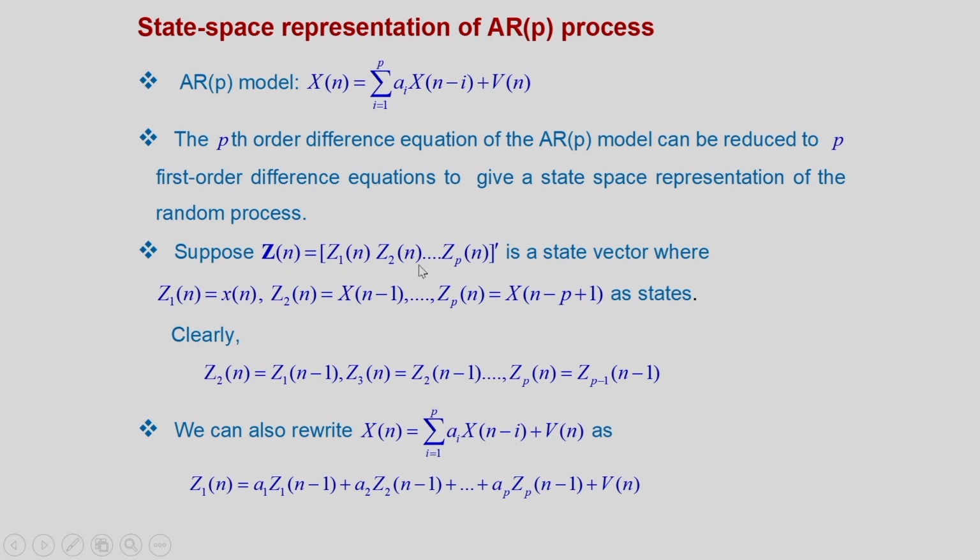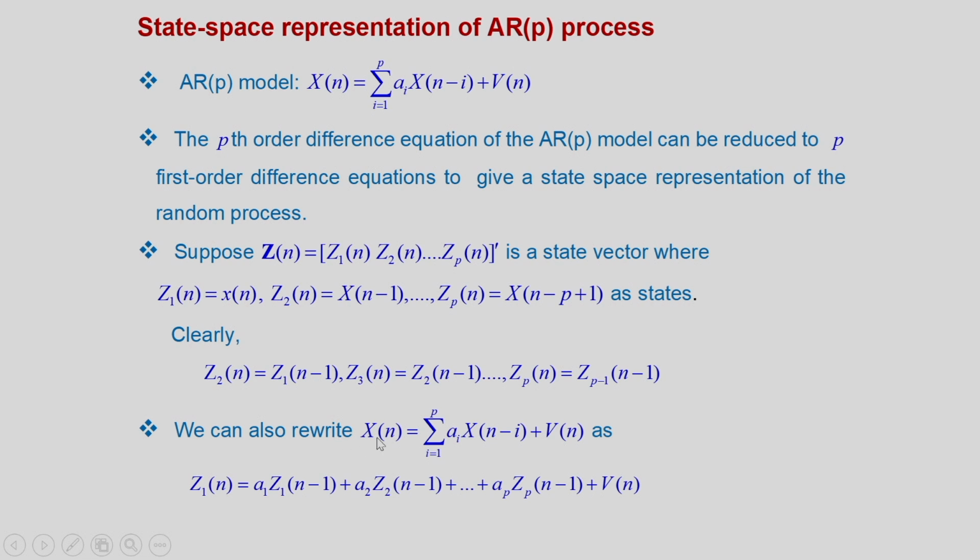So, these p states are defined like this. Now, clearly how these states are related: Z2n is equal to Z1 of n minus 1, Z3n is equal to Z2 of n minus 1, like that Zpn is equal to Z p minus 1 of n minus 1. So, we have a difference equation relationship between state variables.